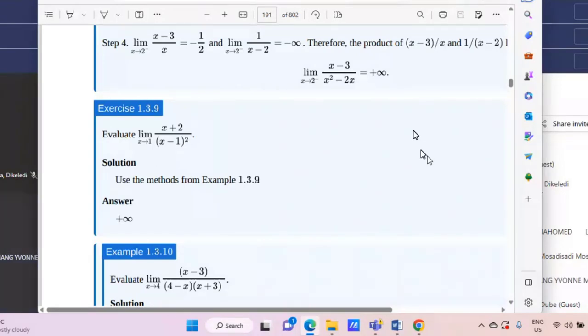We have got x minus 3 all over 4 minus x, open bracket x plus 3. When we put 4 in the place of x, in the numerator we end up having 1, and in the denominator we end up having 0. We all agree on that one. That's why I said I agree with Bianca, and also agree with Lebo. But that is not the way to go.